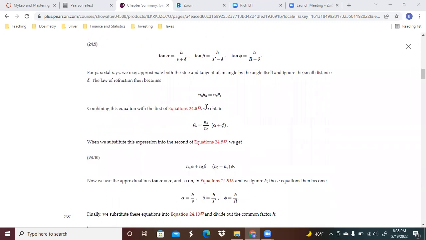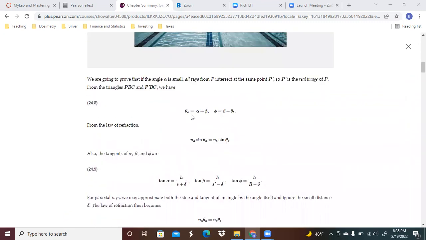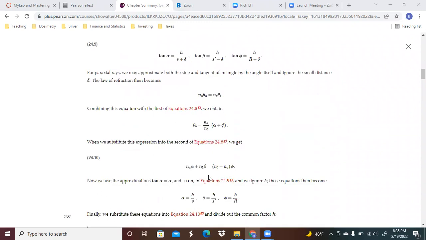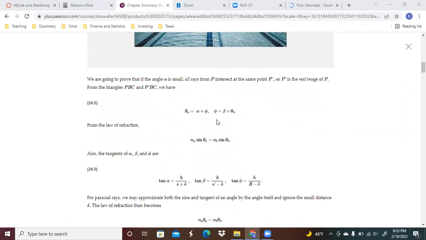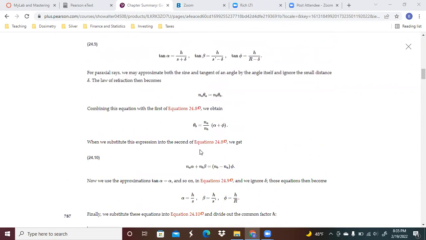If we combine this with what we see up here, we end up with this. And we substitute this into the equation here for 24.8. Then we're going to end up with this particular relationship.